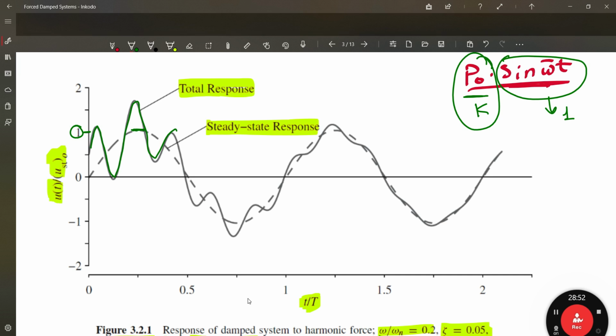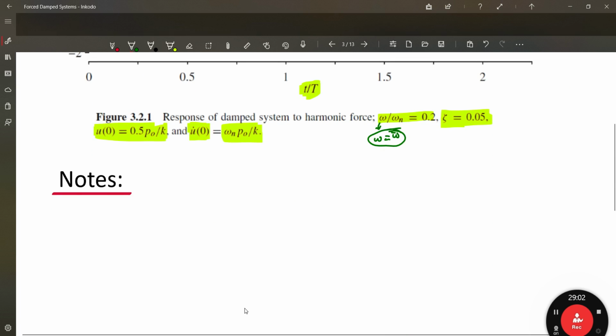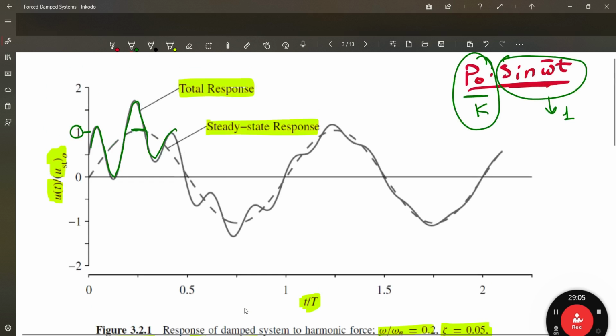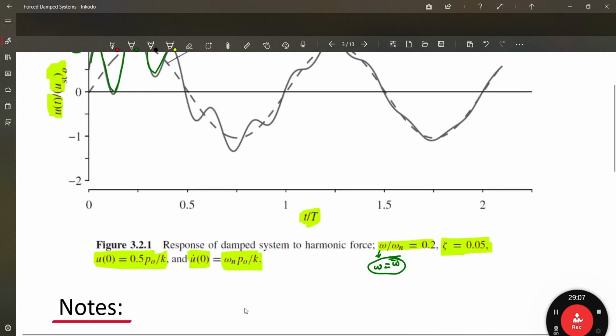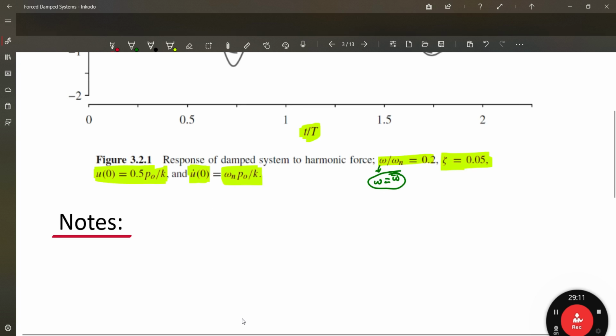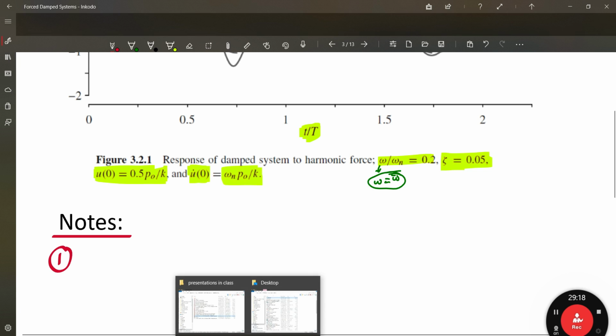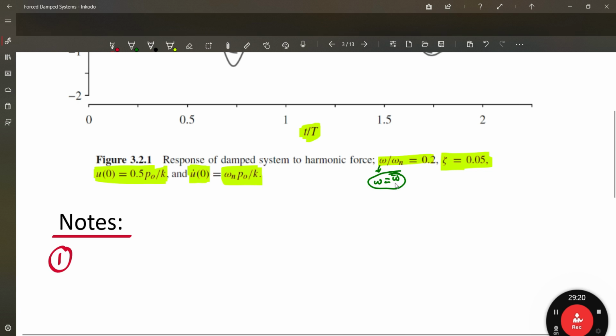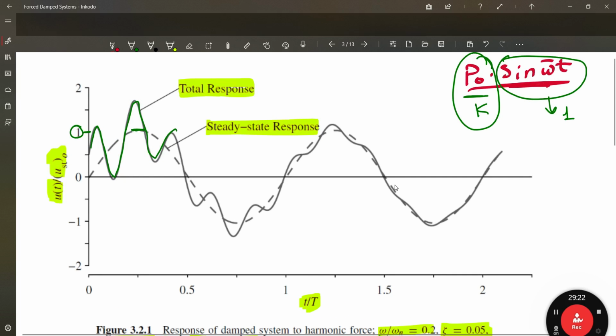Okay. So first of all, we need to understand and take some important notes about this. Let's put some notes on our graph. The first note that I want you to highlight is related to the transient state.